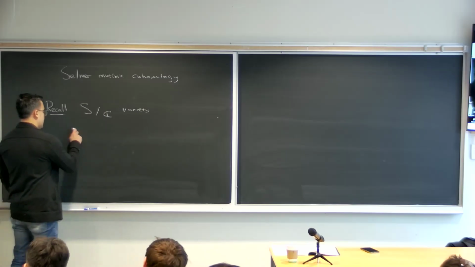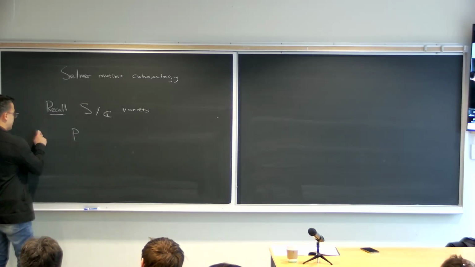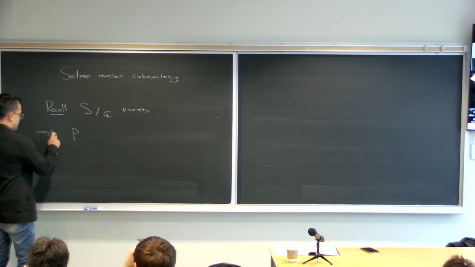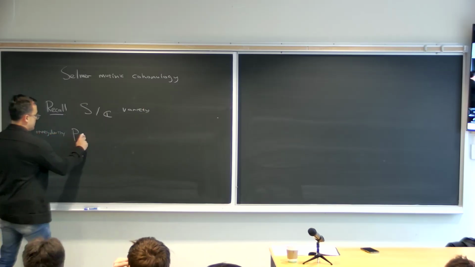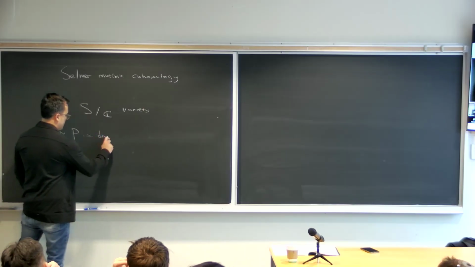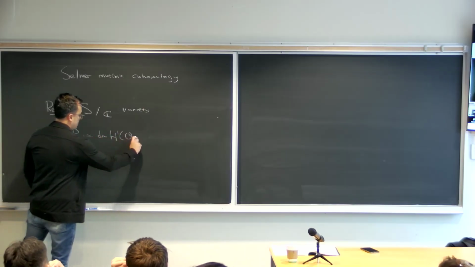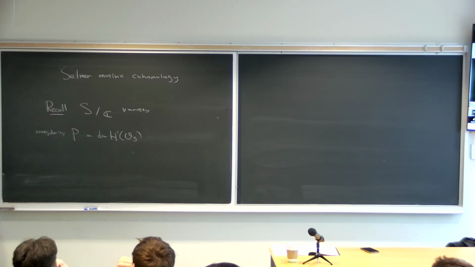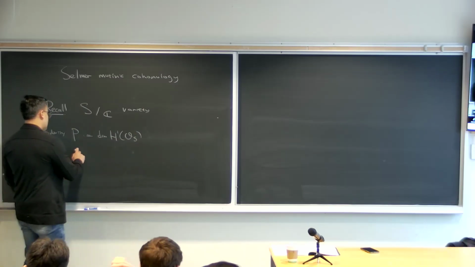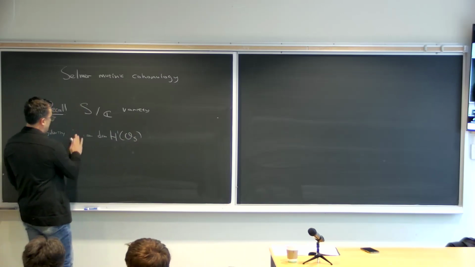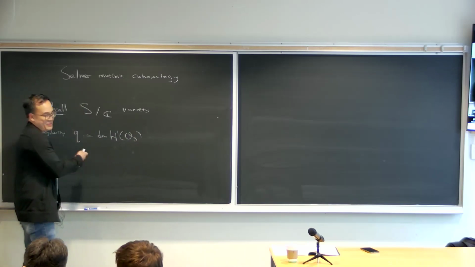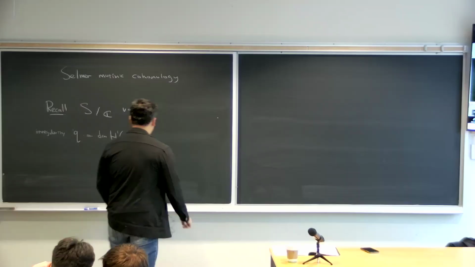So you can define the irregularity, which is the dimension of H1 of O_S. The irregularity is called q. This is the real old school notation, so don't blame me.